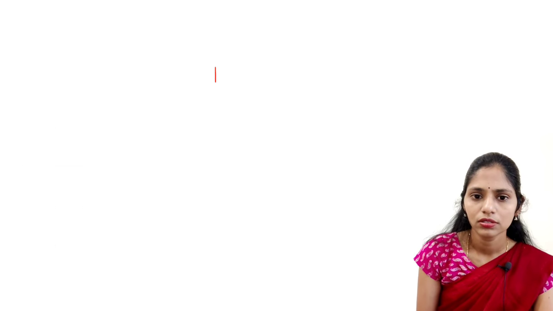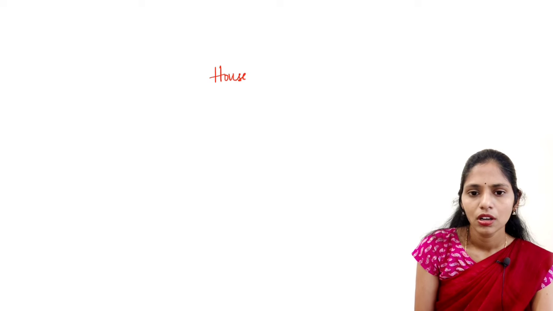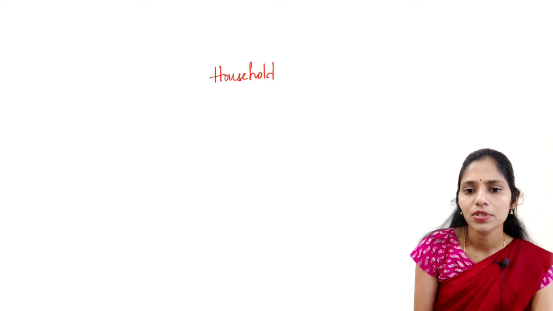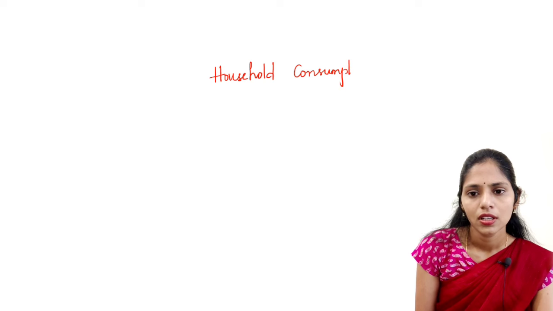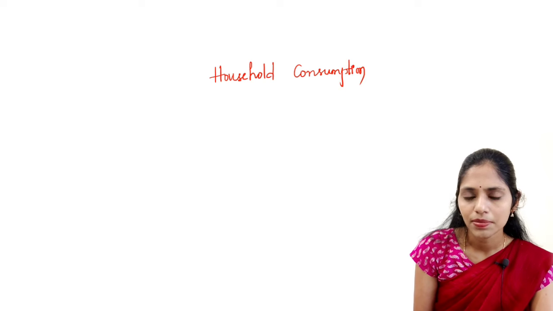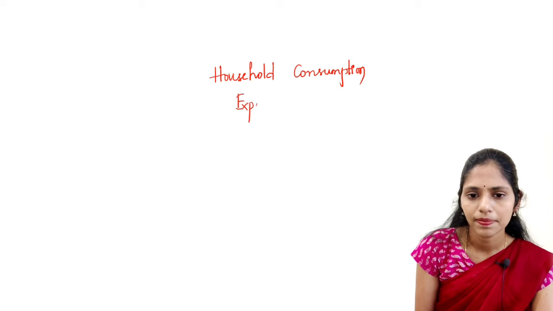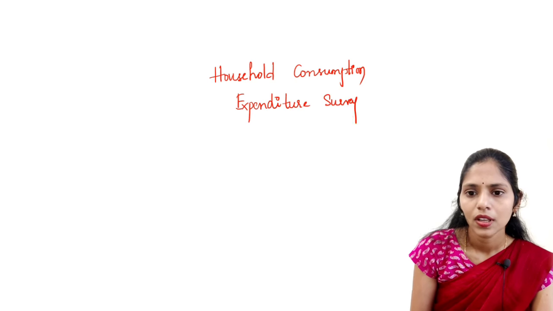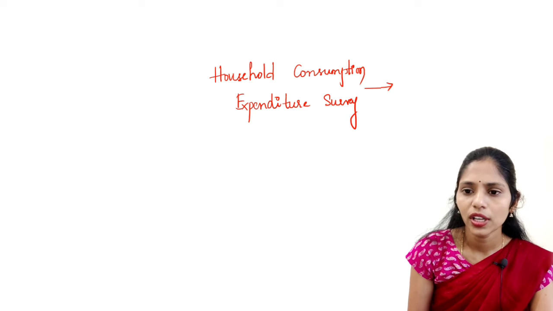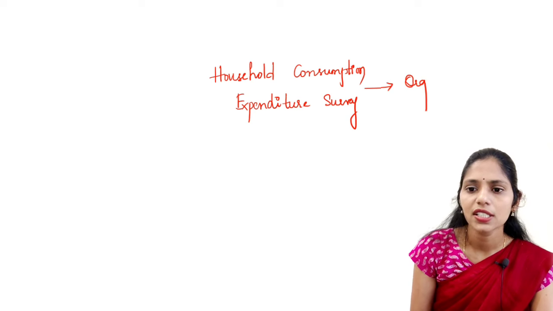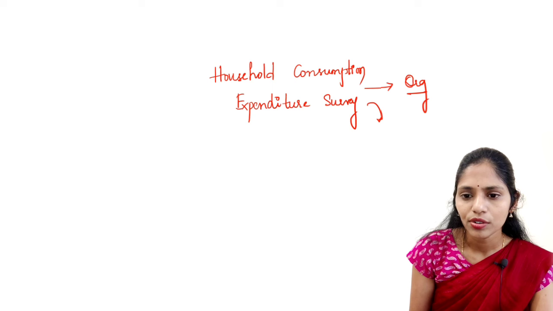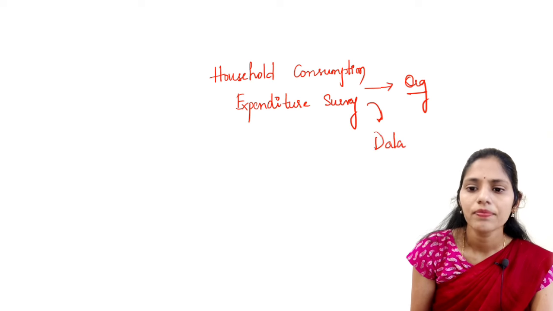Now this article is talking about the household consumption expenditure survey. Here you have to know which organization is releasing this data, and you have to see some highlights of the data.